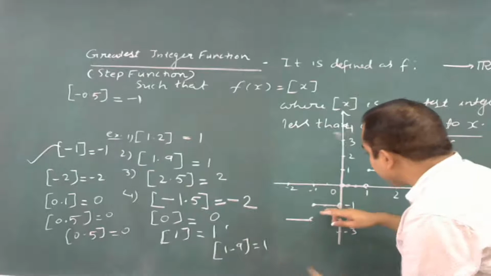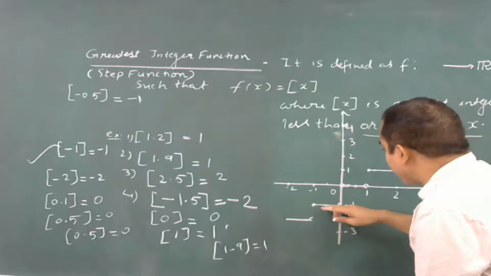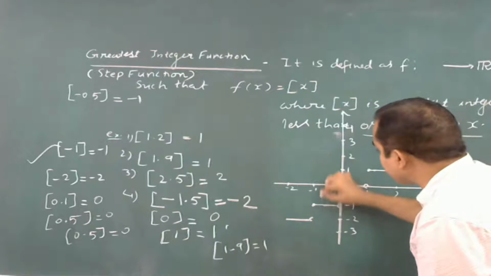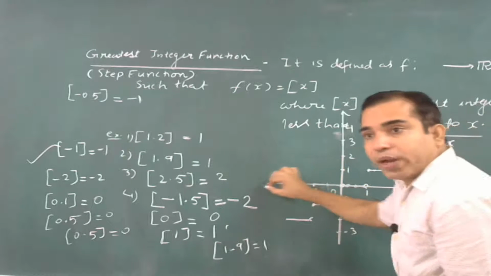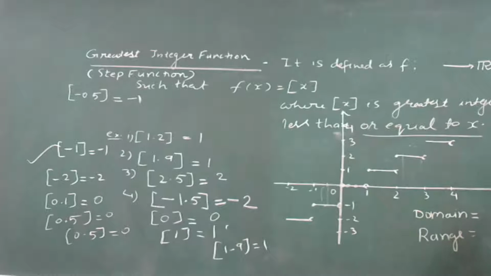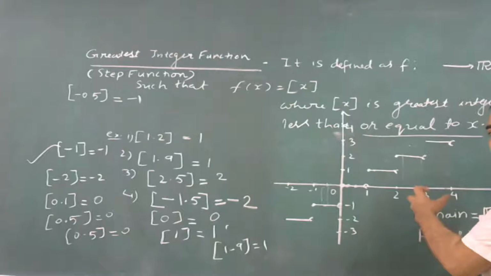Similarly, on the negative side, if you take this part of the curve and drop the perpendicular on the x-axis like this, the negative x-axis will also be covered. The whole x-axis will be covered like this. So what is the domain? Whole x-axis. Whole x-axis means R. Right? Some people have written the answer. Domain is R.